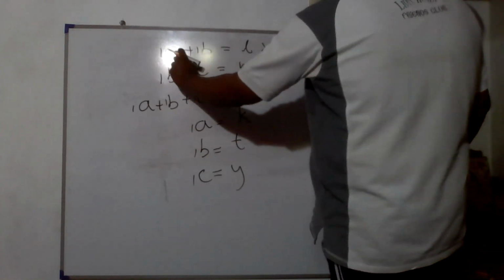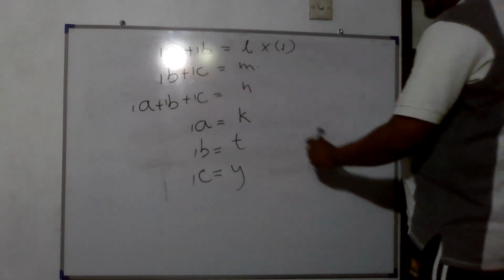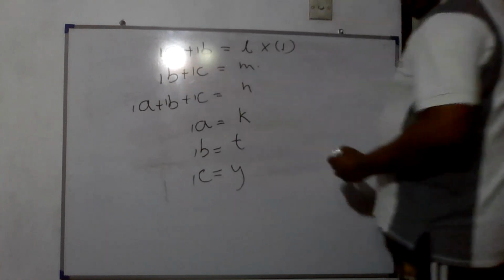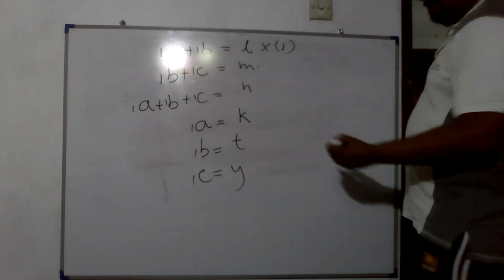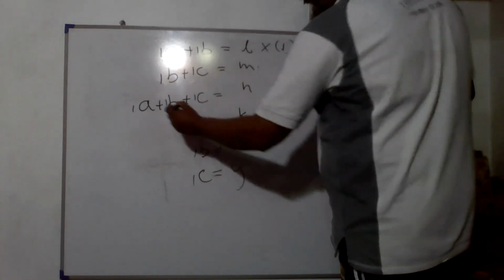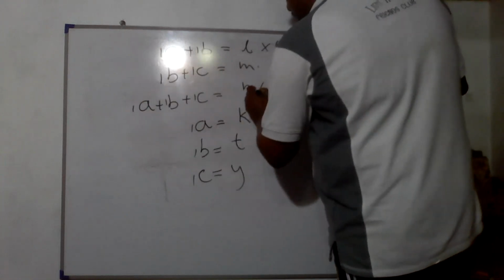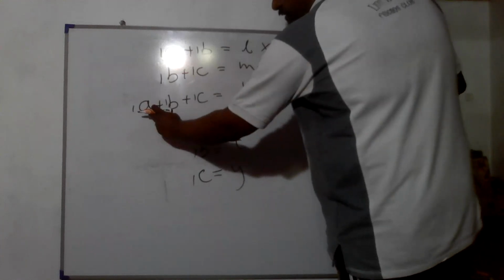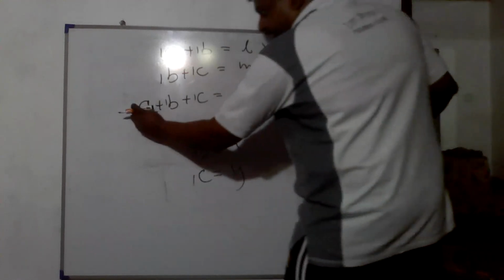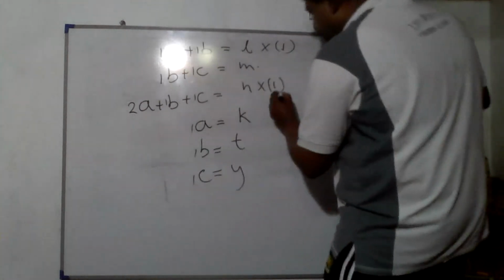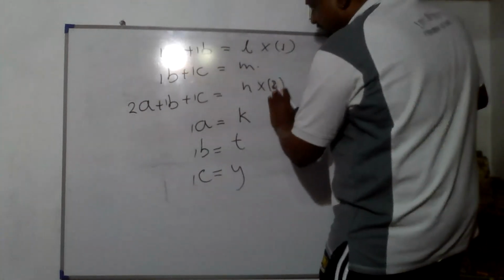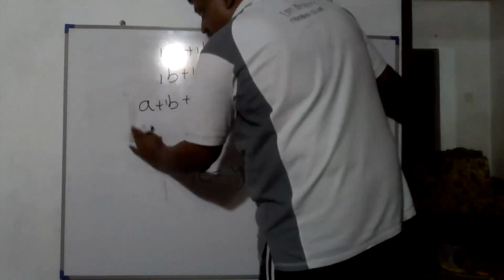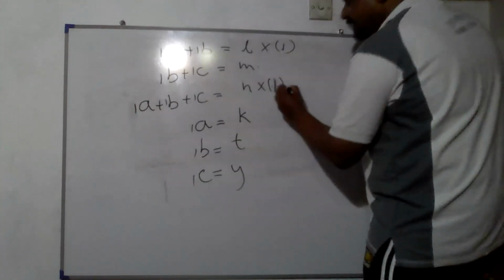The coefficient of A is 1, right? This equation we don't consider for normalizing for A because there is no A here. This equation is multiplied by 1 again because the coefficient for A is 1. If it had 2, you would have to multiply it by 2, right? But in this case, you have only 1.